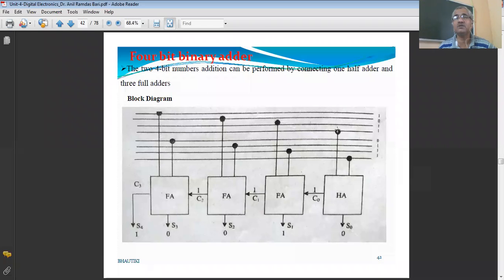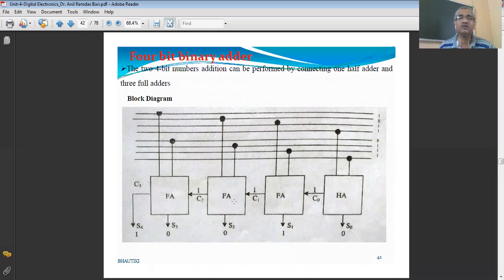The first LSB is added by this half adder. Then second LSB will be added by second full adder. Then third bit will be added by this full adder, and fourth bit will be added by this adder, producing this sum. The half adder produces sum as well as carry. This full adder will produce final sum as well as carry.